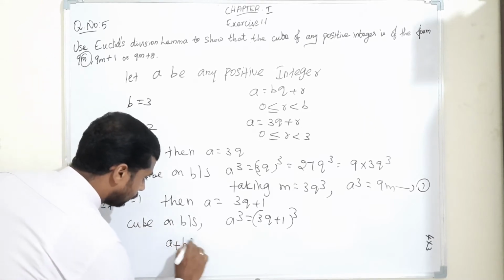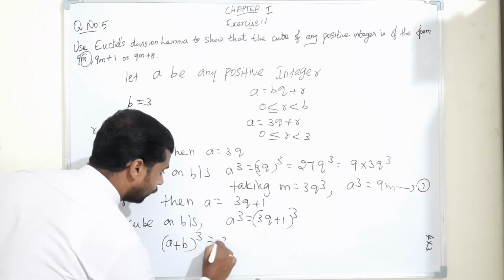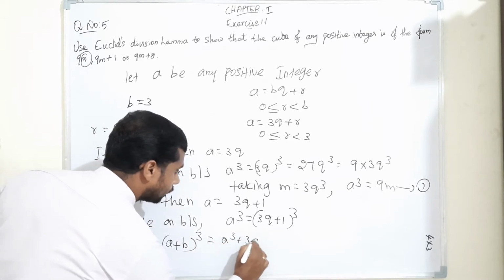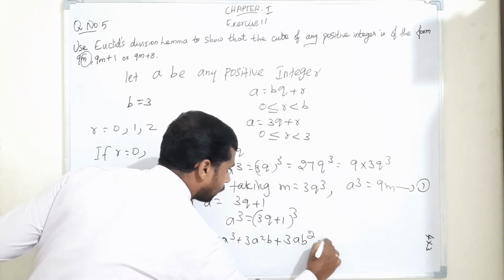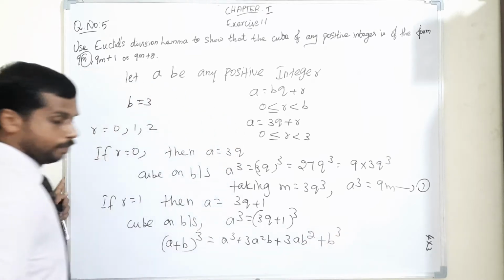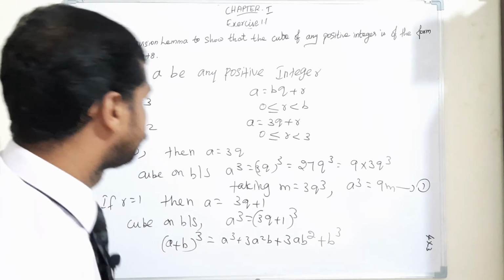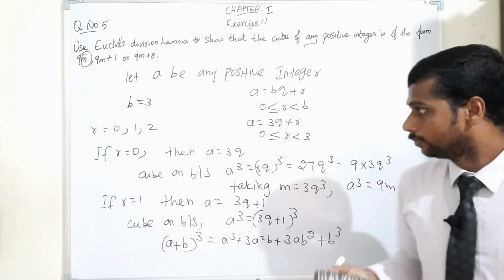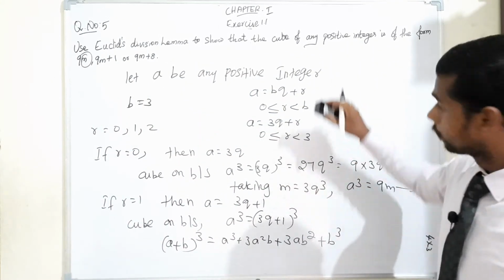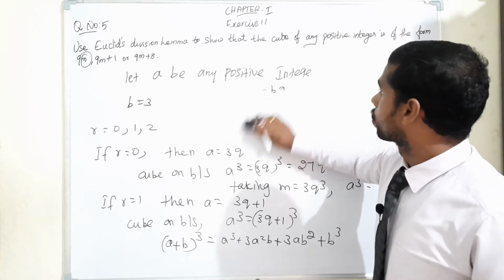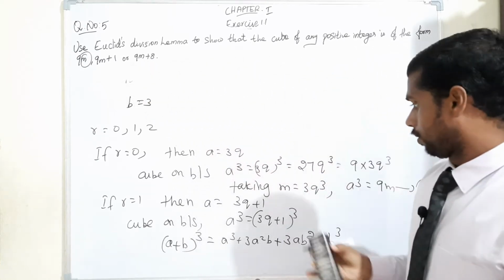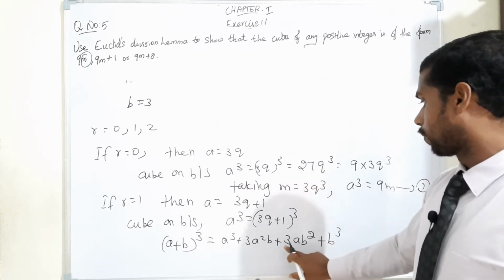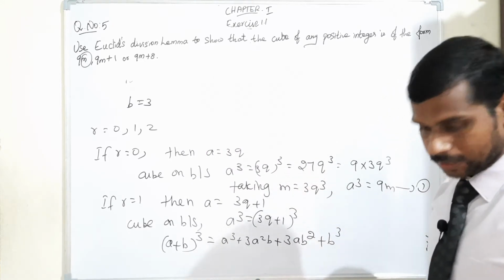So a plus b the whole cube is equal to a cube plus 3a square b plus 3ab square plus b cube.